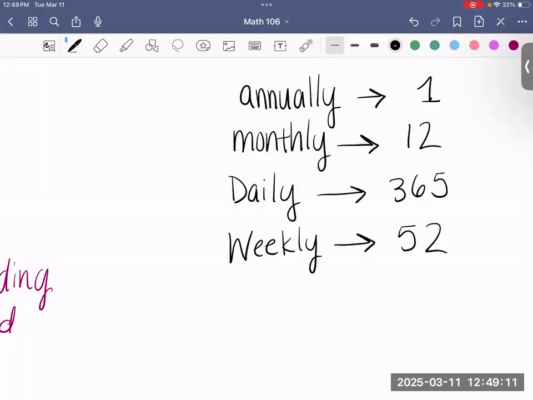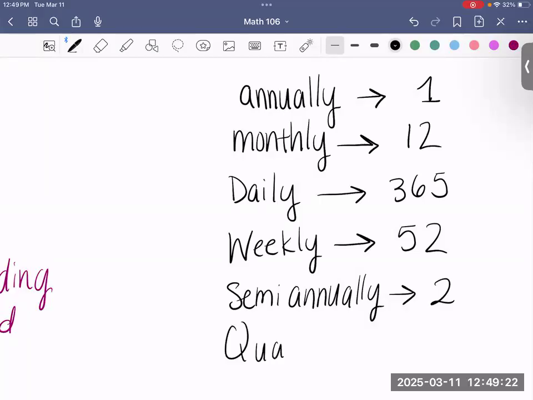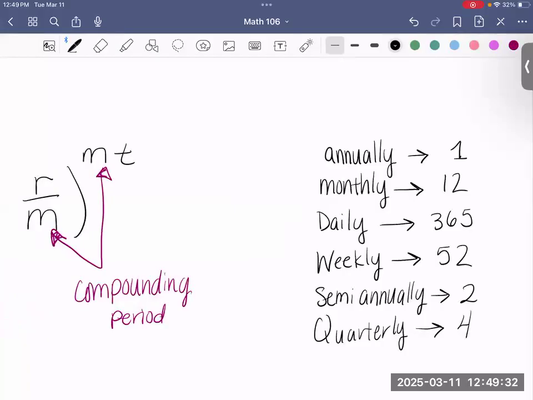If we said semi-annually, well, that is 2 times out of the year. And another one, quarterly, there are 4 quarters in a year. That is if you break them up into 3-month segments. So those are your more common ones. Of course, you can do bi-weekly or bi-quarterly.